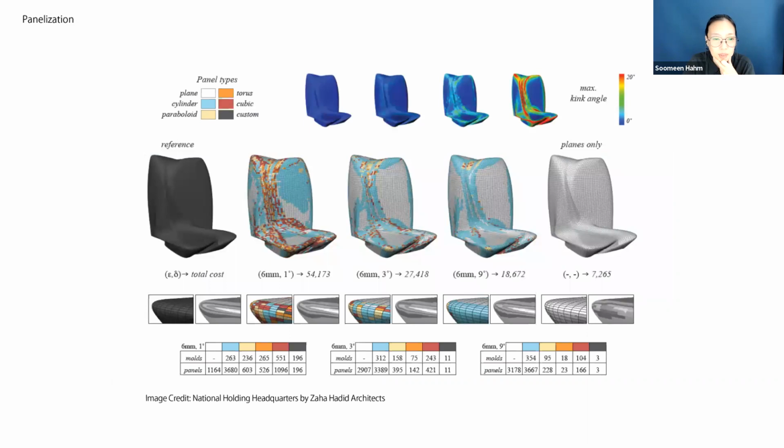But the problem is that building these is highly expensive, and it mostly comes down to highly technical means to rationalize the complex geometries into a simplification of the panels.